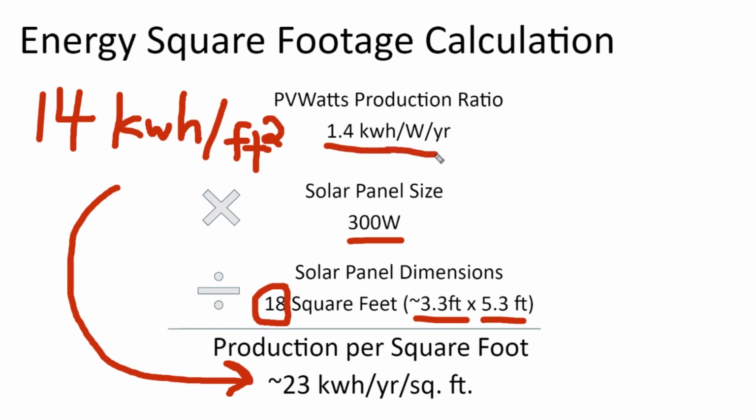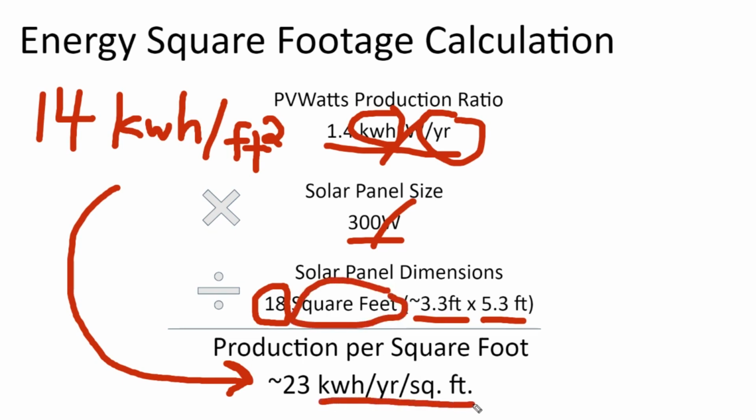So multiply 300 watts by 1.3 kilowatt hours per watt per year to get about 400 kilowatt hours per year. Dividing by 18 square feet results in approximately 21 kilowatt hours per square foot per year produced by a solar panel on top of a building that only consumes 14 kilowatt hours per square foot per year.